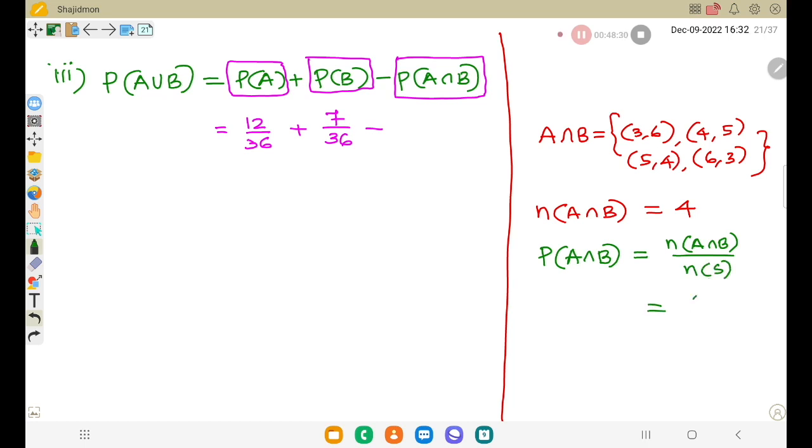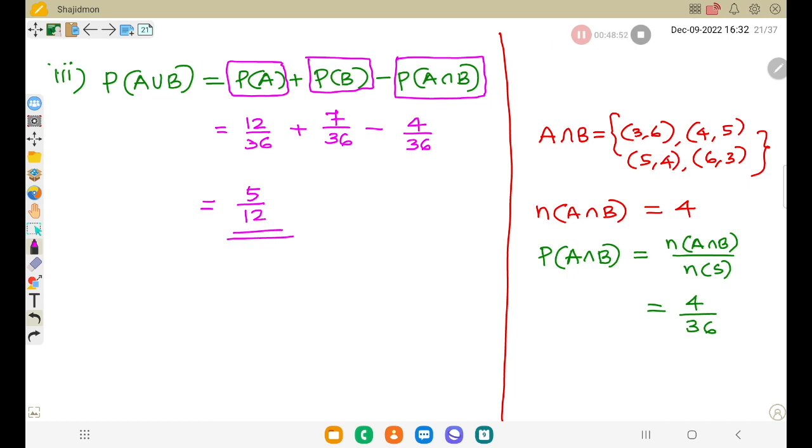The number is 4, divided by how many elements in the sample space? 36 elements. Correct? Now this number we can apply here. The probability of A intersection B means 4 divided by 36. Now you can use the calculator.